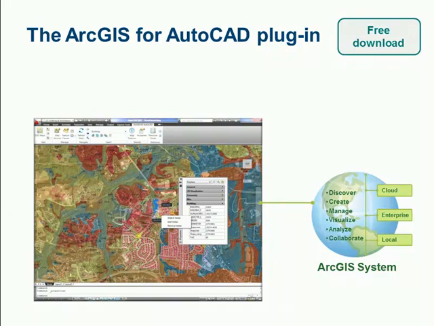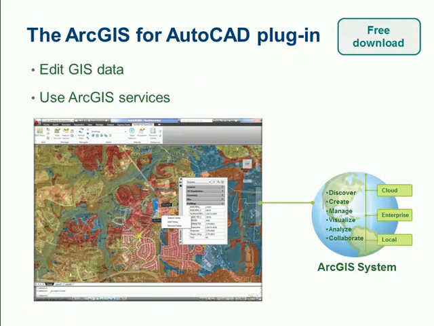ArcGIS for AutoCAD is a free software application that you download from Esri.com and then install on top of AutoCAD to provide interoperability between AutoCAD and ArcGIS. This plugin really does 2 main things. It allows you to create and edit ArcGIS data inside AutoCAD DWG files.